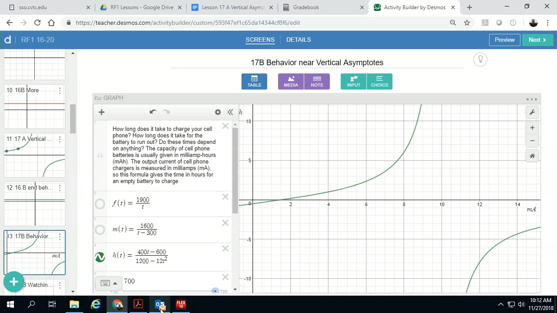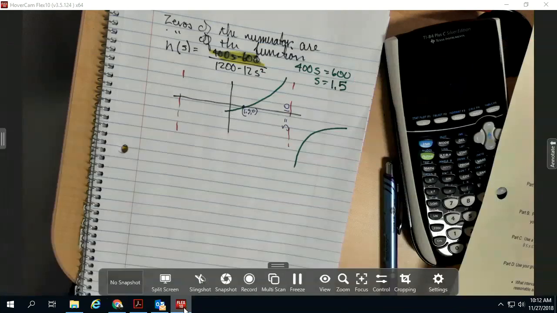Now I want to show you that I stopped my graph at 0 because we aren't talking about to the left of 0, but it goes through 1.5, 0. So in other words, if you had a screen size of anywhere between 0 and 1.5 inches, you would have a negative sized battery. Your screen is too small to put a battery into that phone.